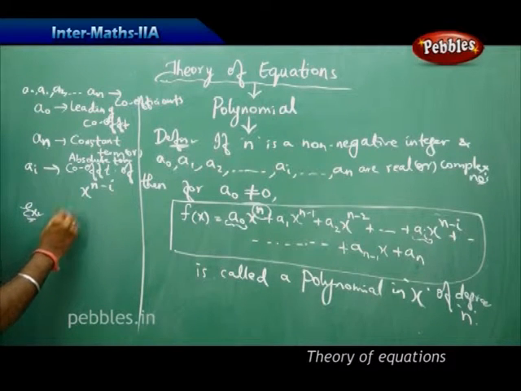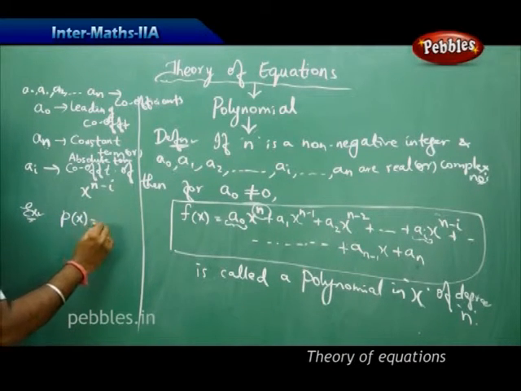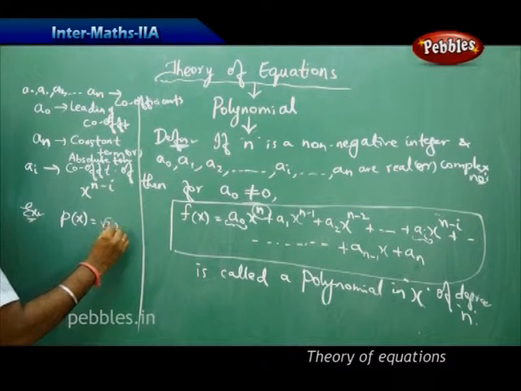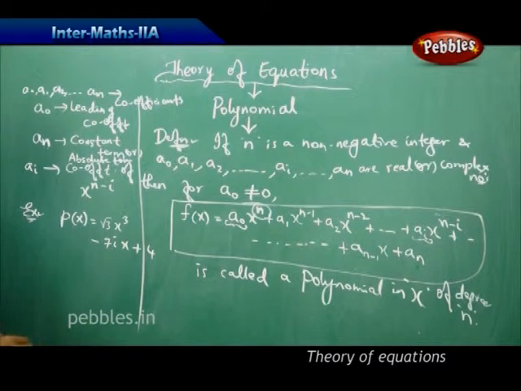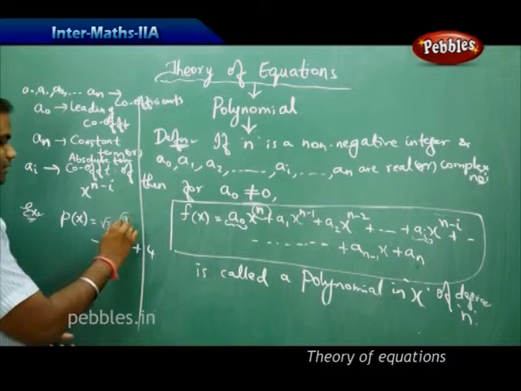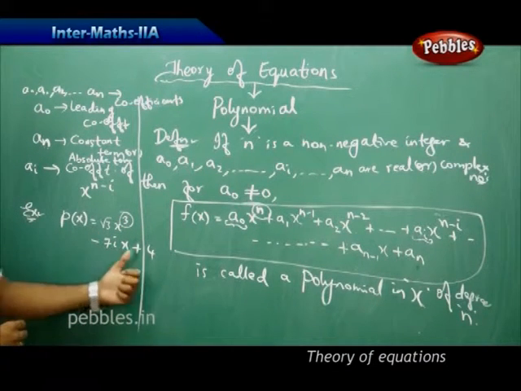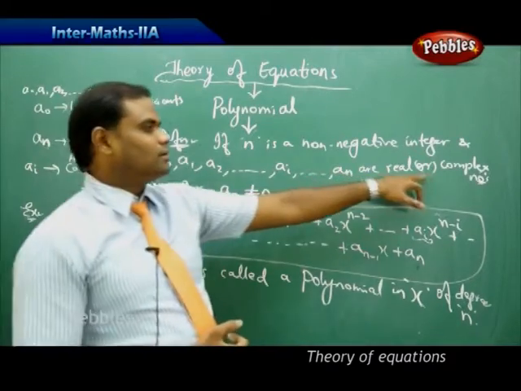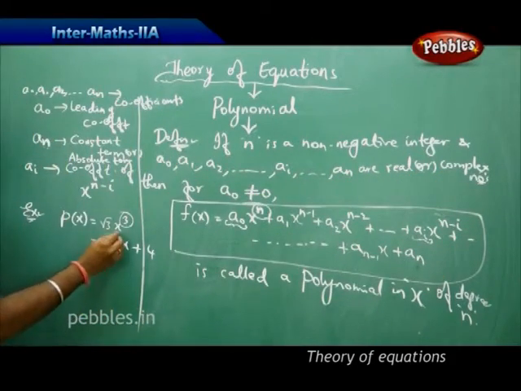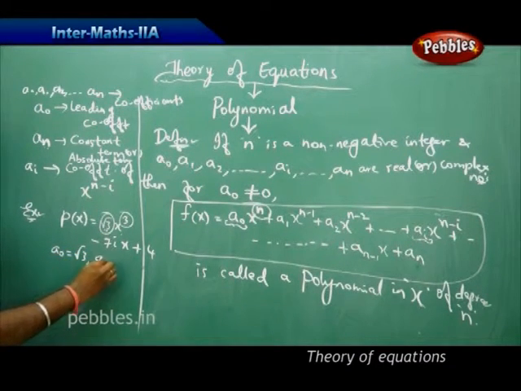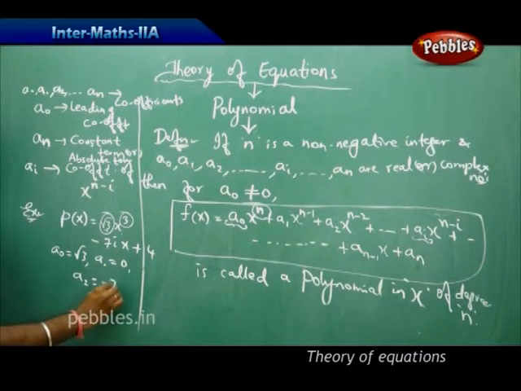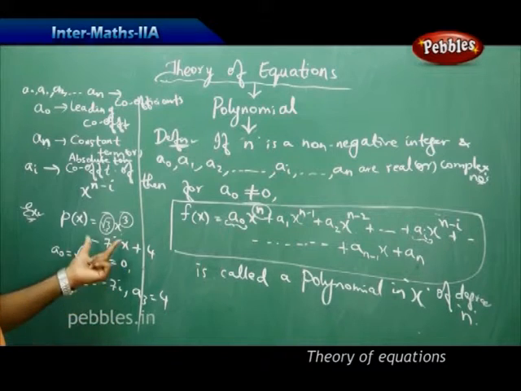For example, if I take the polynomial p of x is root 3 x cubed minus 7i x plus 4, then this is clearly a polynomial of degree 3 in x, because each of the coefficients can be real or complex, with a0 being root 3, and my next a1 is 0 because there is no x squared term, and my a2 is negative 7i, and my a3 is 4, and therefore each of the coefficients are derived from the given polynomial.